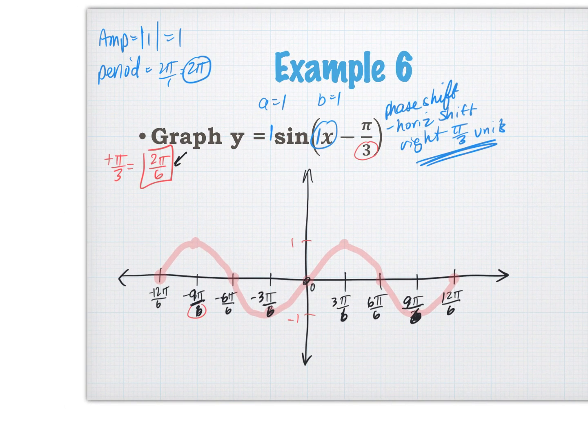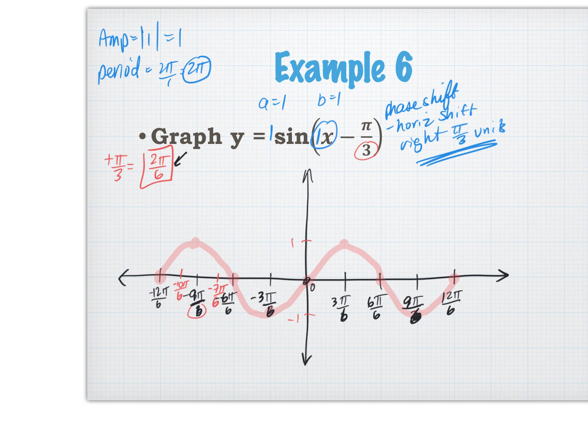Because again, now I'm doing, for example, negative 12 pi over 6 plus 2 pi over 6. Well, that's easy. That's negative 10 pi over 6. And then I go to negative 9 pi and I add it, and I know that that's negative 7 pi over 6.